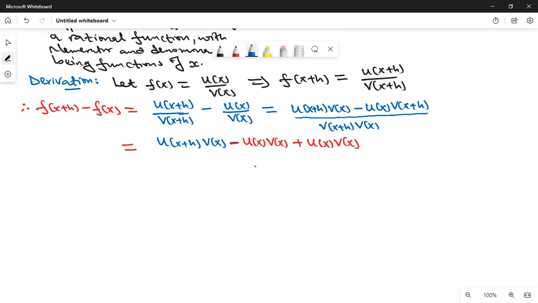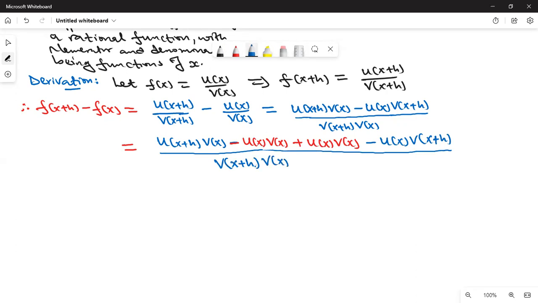then minus u of x times v of x plus h. And so this is divided by v of x plus h times another v of x.